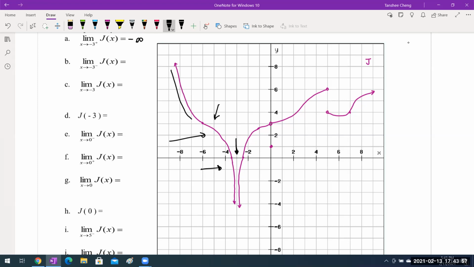So the limit will be, again, -infinity. Although the limits in part A and part B do not exist, it only tells you which direction they are going. However, the left-hand side limit and right-hand side limit go in the same direction. So in example C, when we ask for the limit as x approaches -3 of the function J, we can indicate that it will be going to -infinity. The limit does not exist, but we do have a direction to talk about.